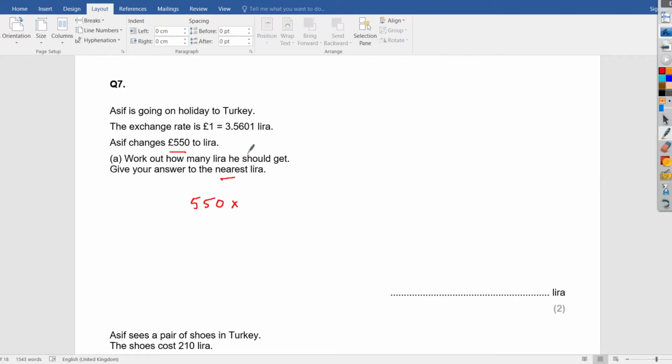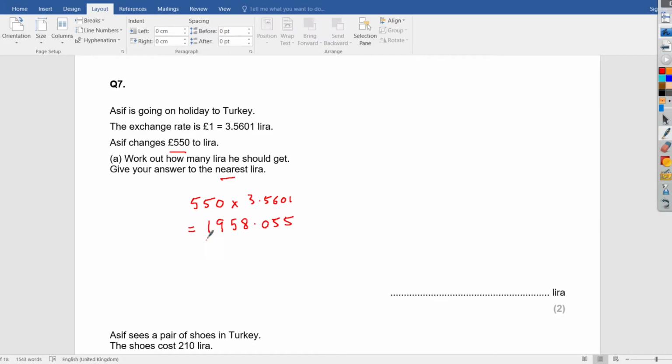550 multiplied by what each pound is worth, 3.5601 lira. So do that in the calculator. First of all, it's important we put 550 multiplied by 3.5601. Okay, that's equals. Asif will have 1958.055 lira.